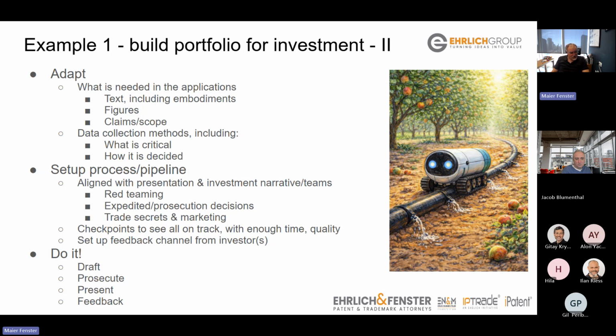My experience is you usually have more than one potential investor, and perhaps you learn from one investor what you need to have. So you need to have some sort of mechanism so the IP people get feedback from the investors so they can adapt whatever it is they're doing to match the investors. Okay, now you do it.